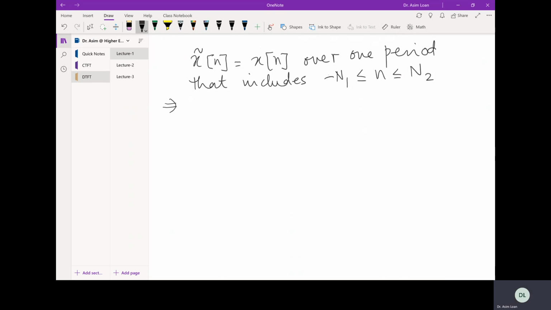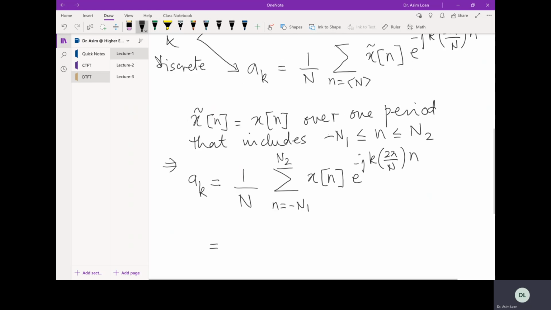This implies a k equals 1 over n, sum over n equal to minus n1 to plus n2 of x of n e to the minus j k 2 pi by n.